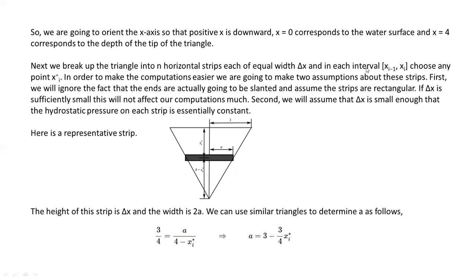Now, in each interval, from the top going to this particular line here on our differential element, that would be distance x sub i. That would be your x sub i. And as we go further down, the lower part of the rectangular horizontal strip, you have x sub i minus 1 and x sub i.